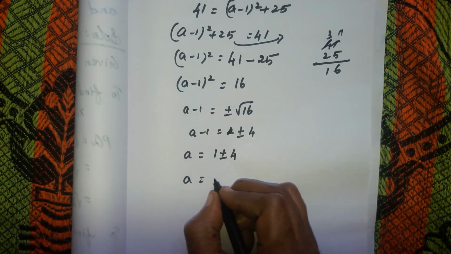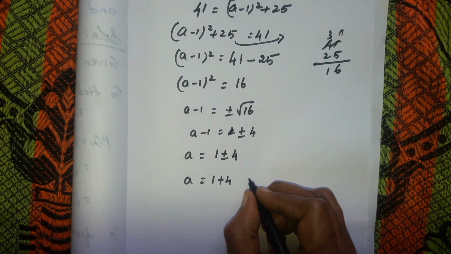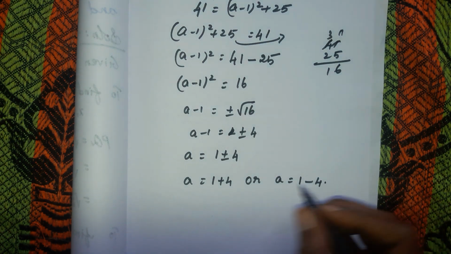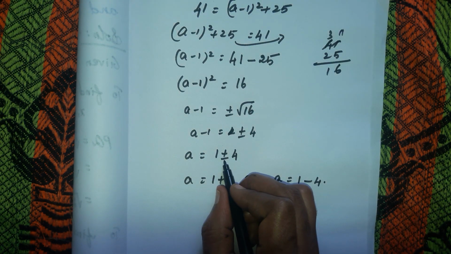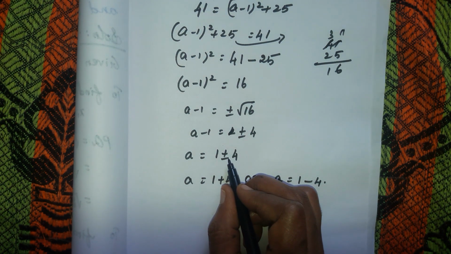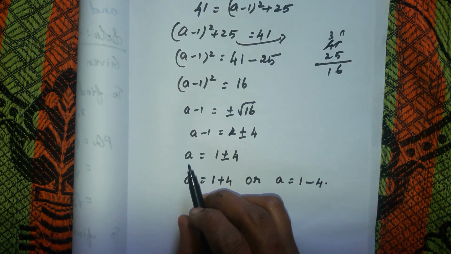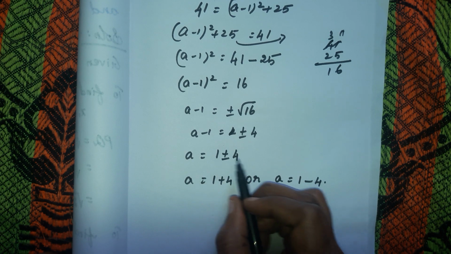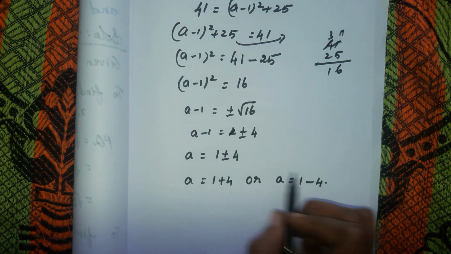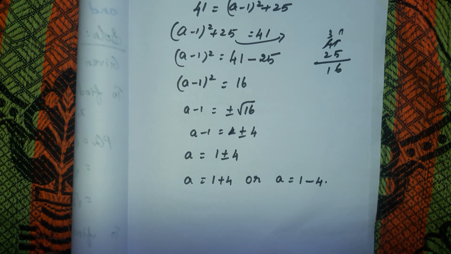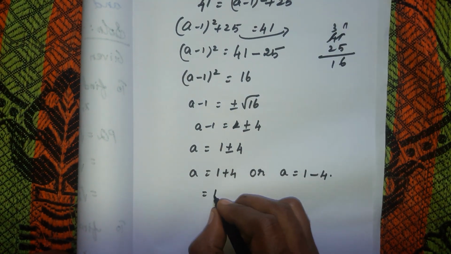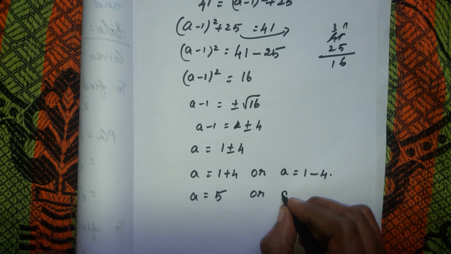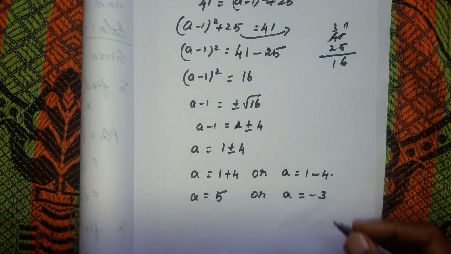a is equal to 1 plus 4 or a is equal to 1 minus 4. Plus 4 and minus 4, like that we can take it. So here a is equal to 5 or a is equal to minus 3.